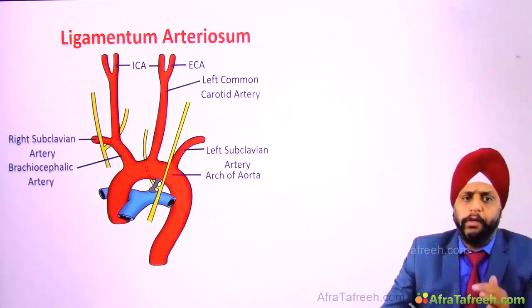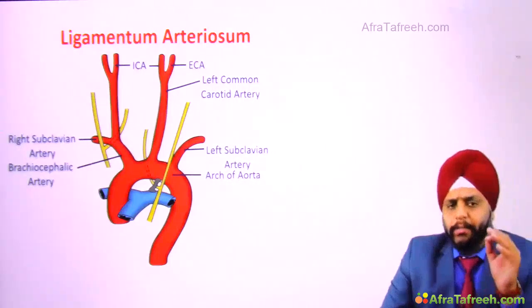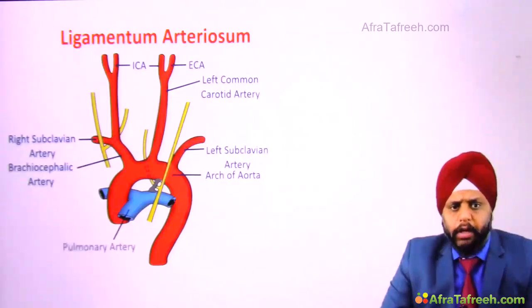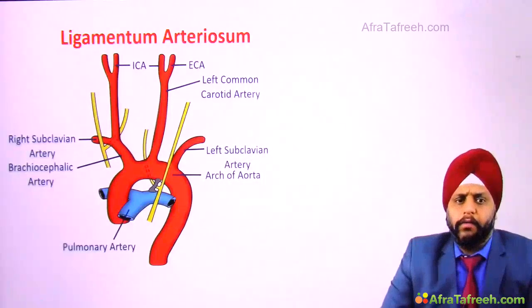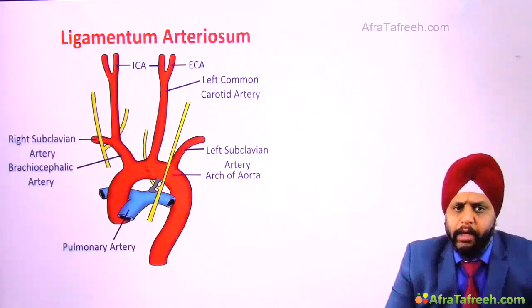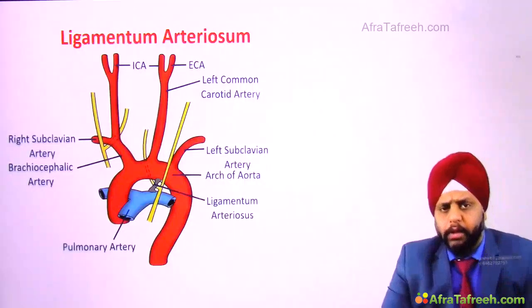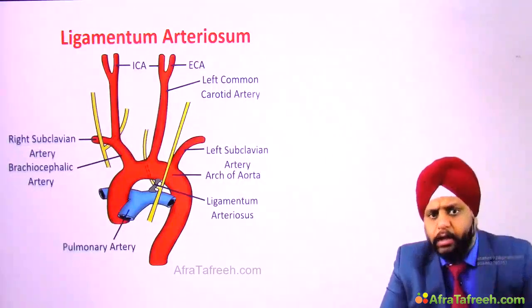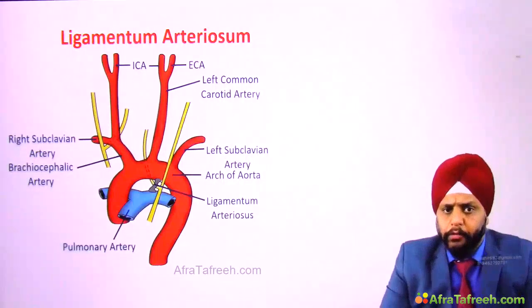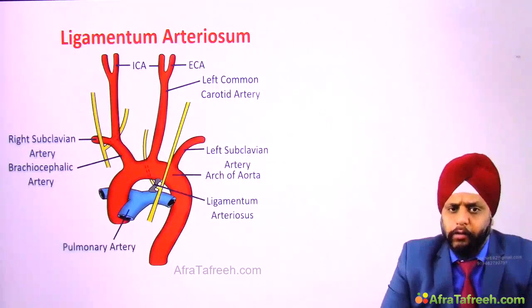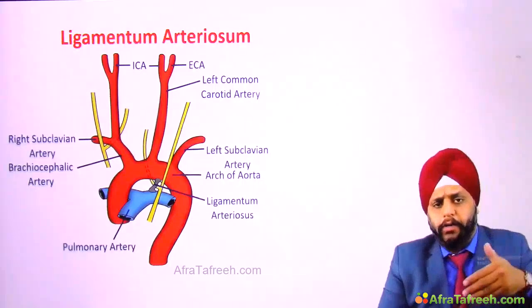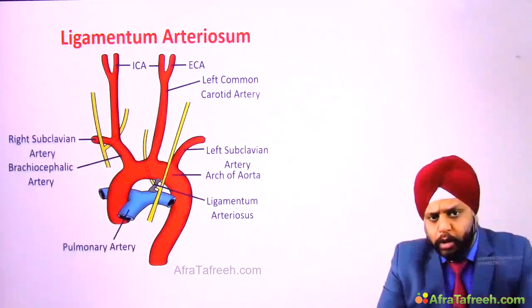Now because of this arrangement, the ligamentum arteriosum is still present, which attaches the pulmonary artery to the arch of aorta. So we still have this ligamentum arteriosum, and the recurrent nerve has to take a turn around it. It does not disappear. Therefore, in adult age, the left recurrent laryngeal nerve has to go into the thorax.